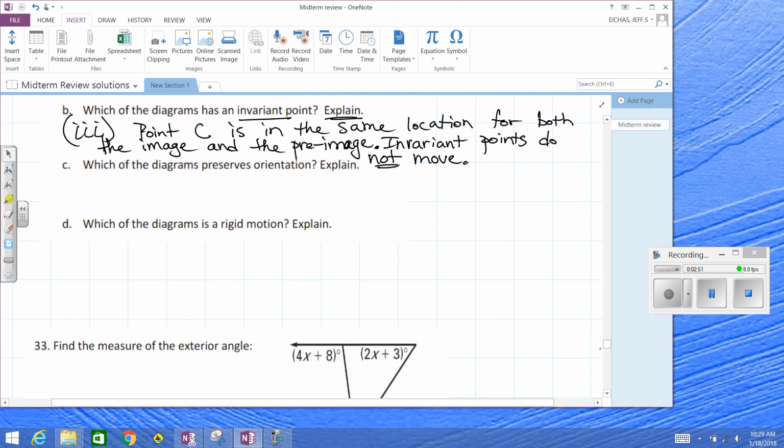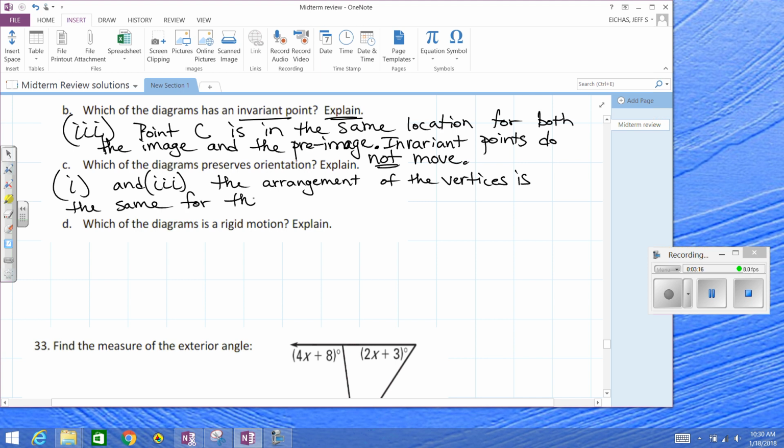Okay, which of the diagrams preserves orientation? The first one and the third one. Okay, explain: the arrangement of the vertices is the same for the pre-image and the image.